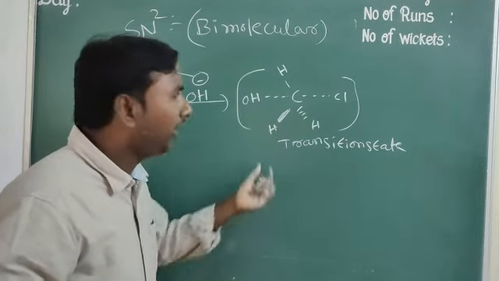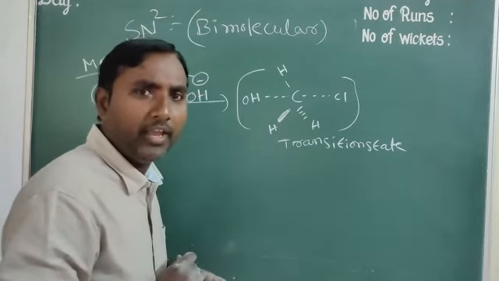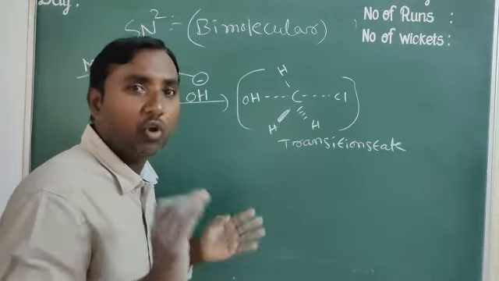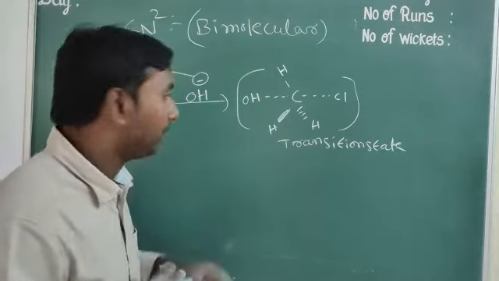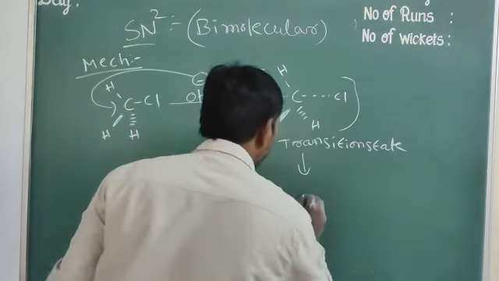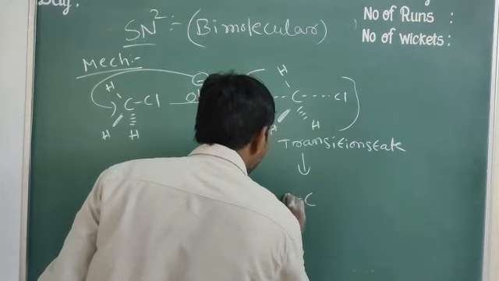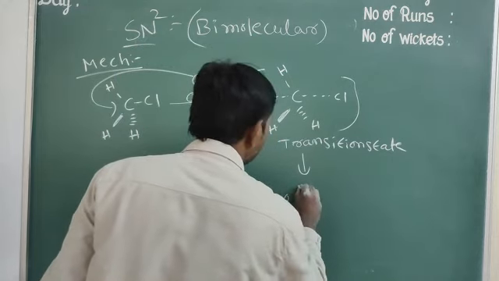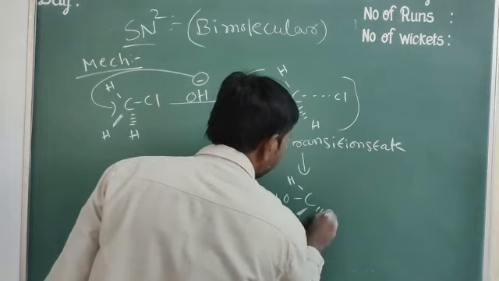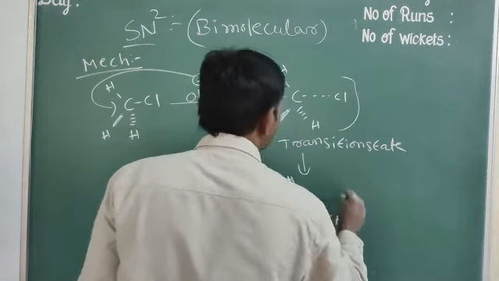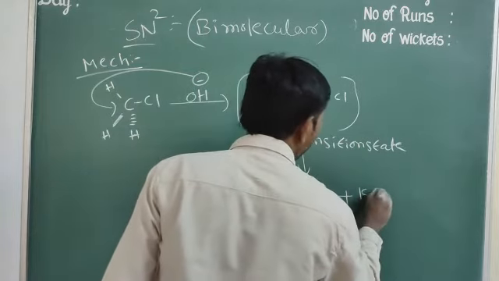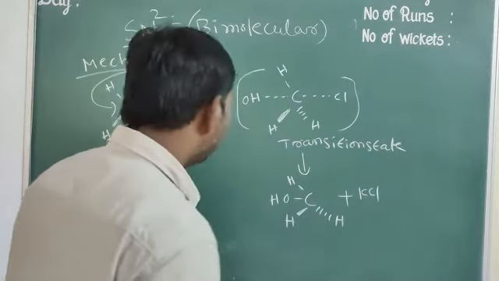It is just a temporary step. Then the product forms, and KOH gives KCl.